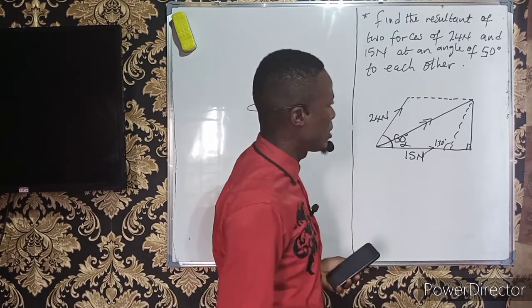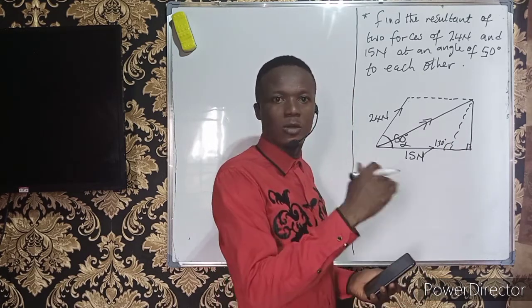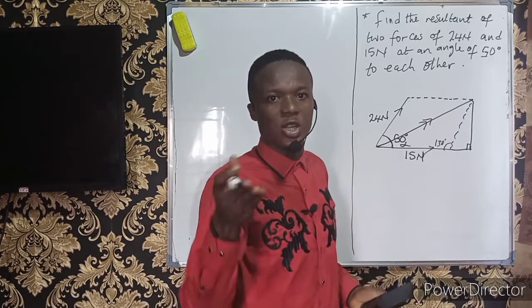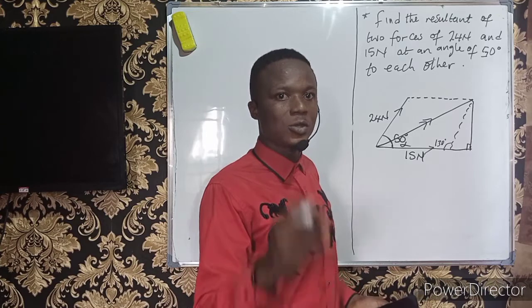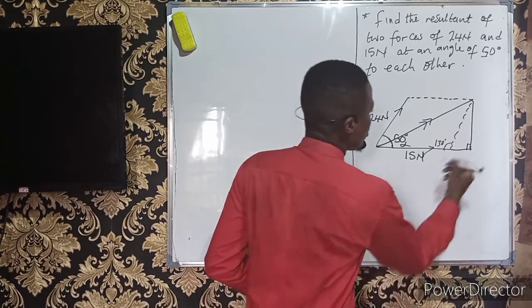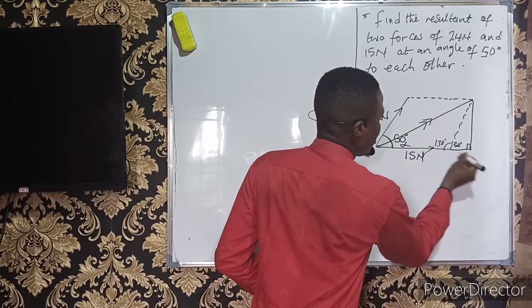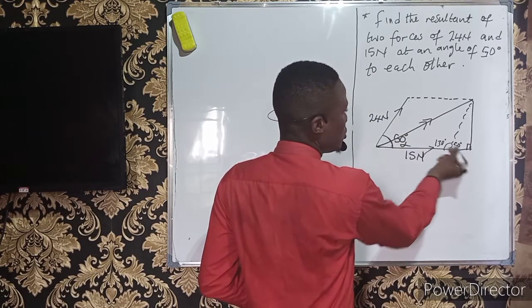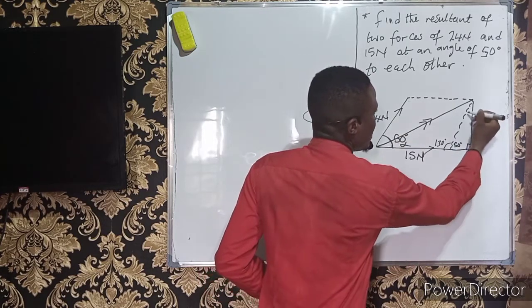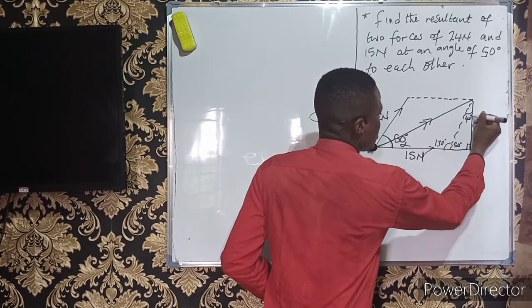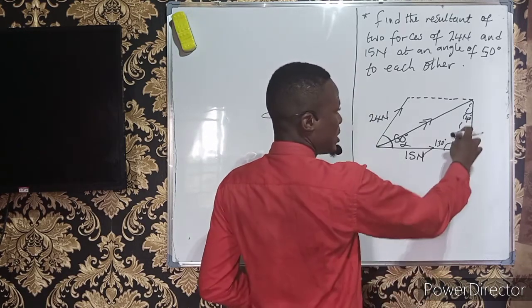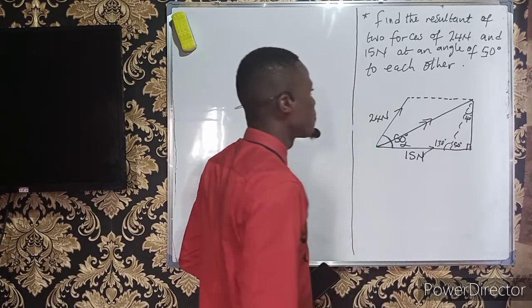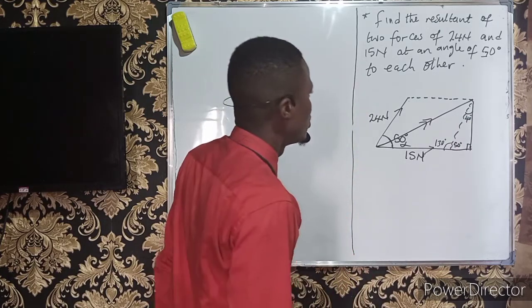How do I get this 130? 180 minus 50, because the sum of interior opposite angles is 180 degrees. Also, here is 50 degrees, so here is 40 degrees. Here is 40, here is 50, then here is 90, because the sum of angles in a triangle is 180 degrees.